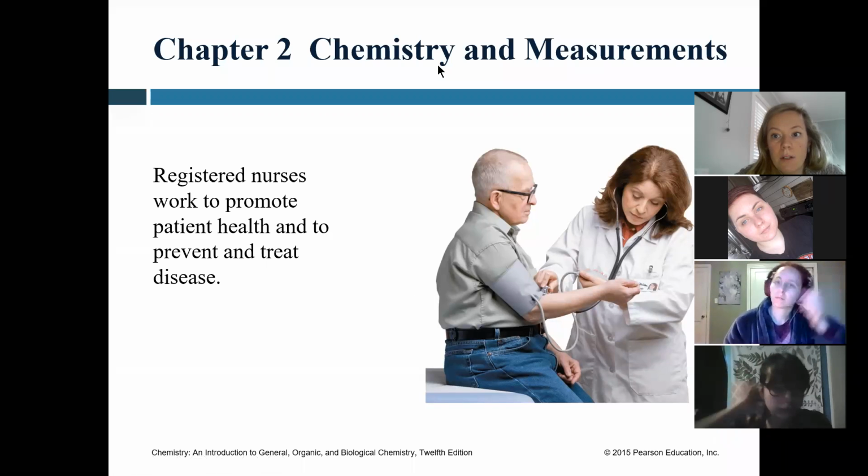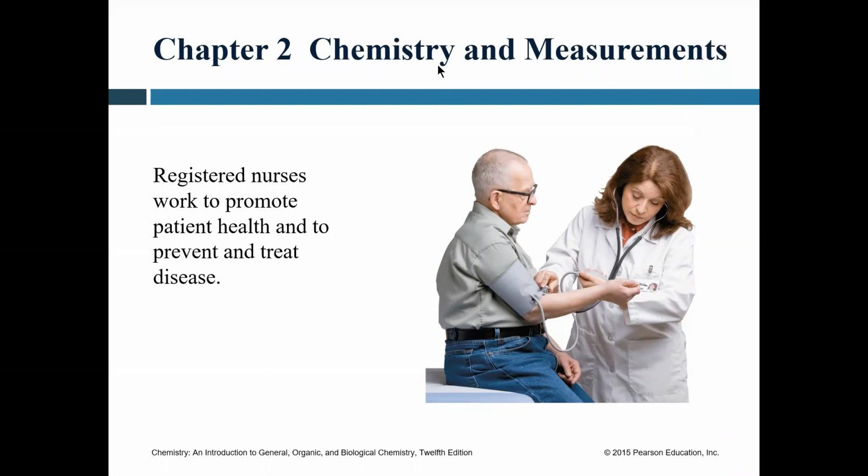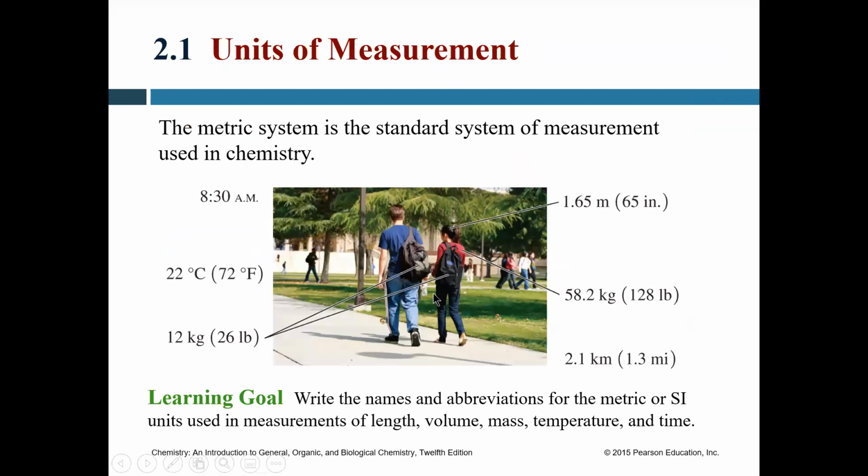So chemistry and measurements is the second chapter. This chapter is a lot of converting between units. When we measure something, say we measure somebody's height, we need to apply a unit to it to give it meaning.